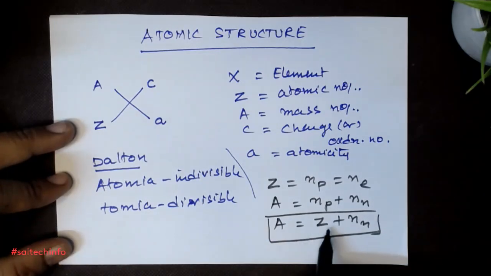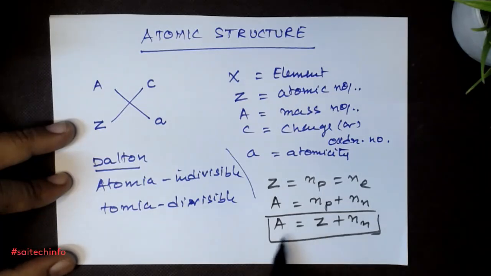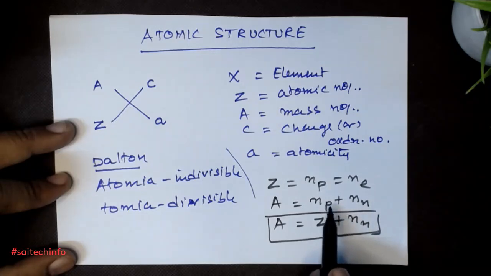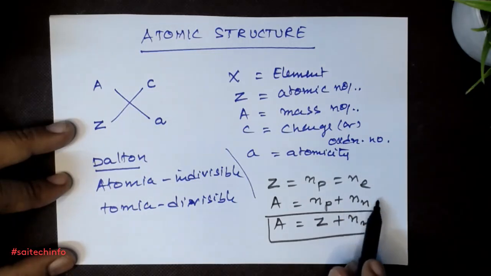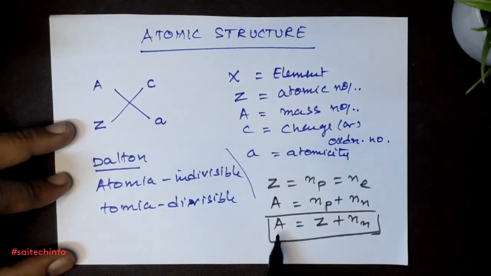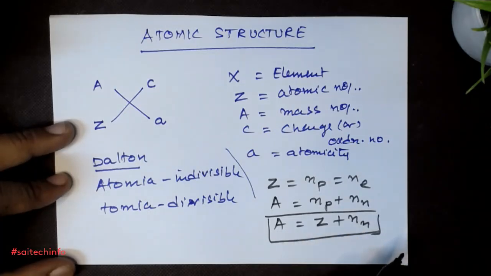So A is equal to Z plus N, that is neutron number, and Z is atomic number. A is mass number, the sum of number of protons and number of neutrons, where we do not include the electrons. So it represents the nuclear mass, right?